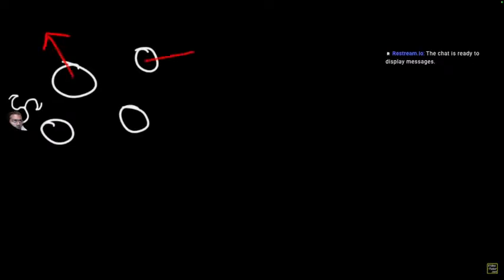Now, let's say we have a sample of protons. Their magnetic fields will have a random orientation. But what happens if we take these protons and put them in an applied magnetic field?